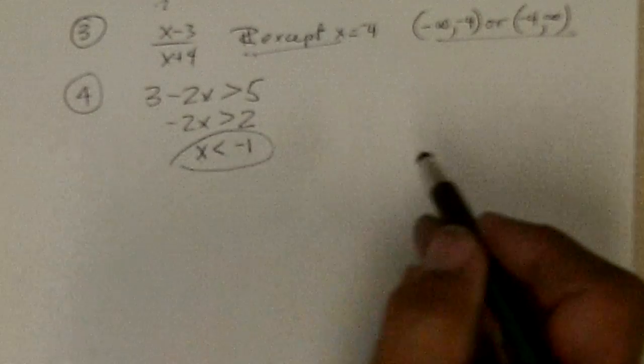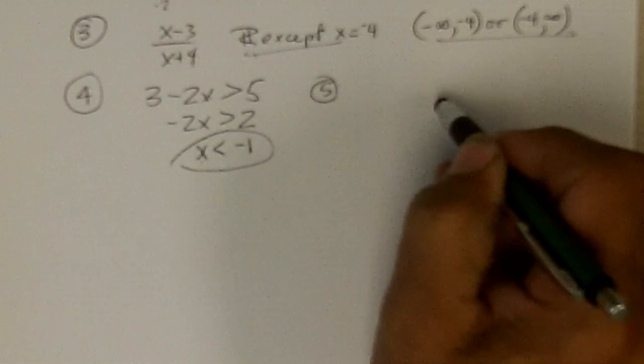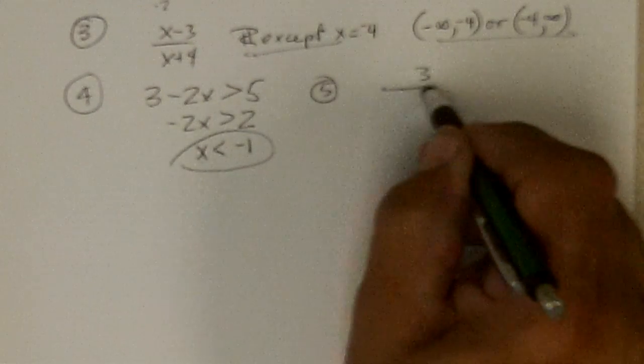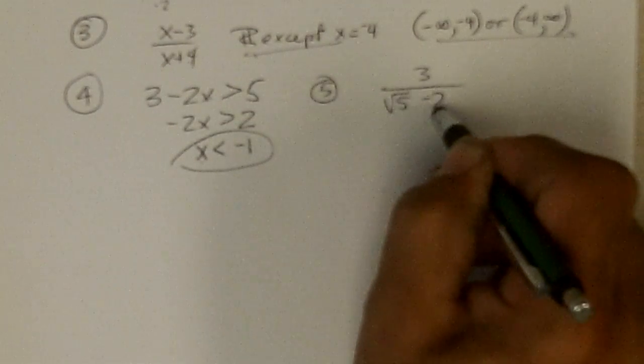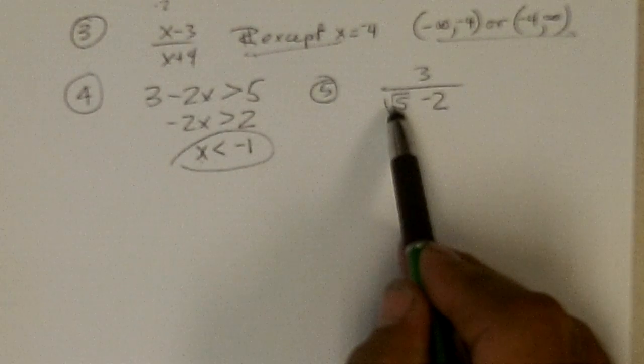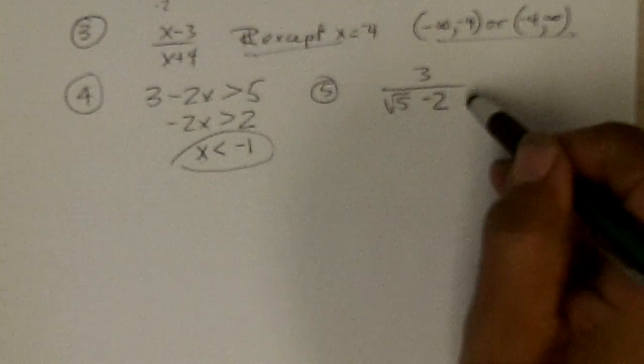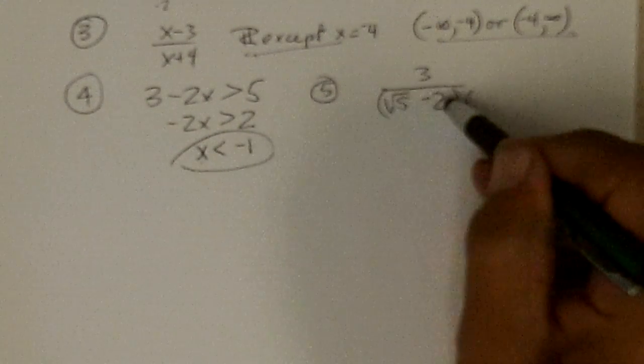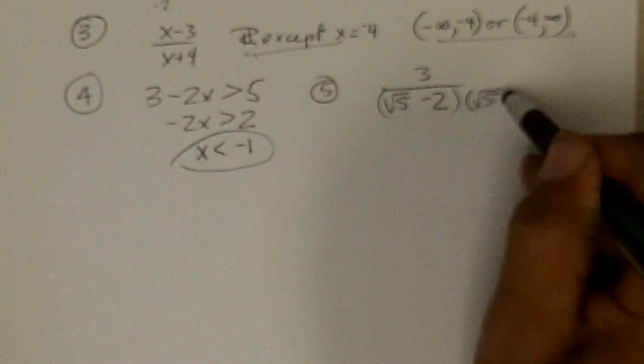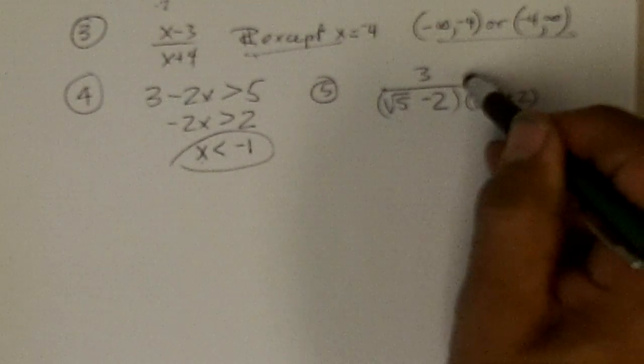Rationalize the denominator, 5. If you have 3 over the square root of 5 minus 2, you have to multiply this. The square root of 5 has got plus or minus something, so you use the conjugate. And the conjugate of this expression is the square root of 5 plus 2.